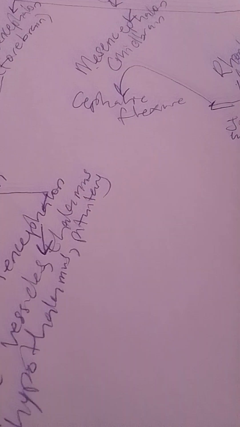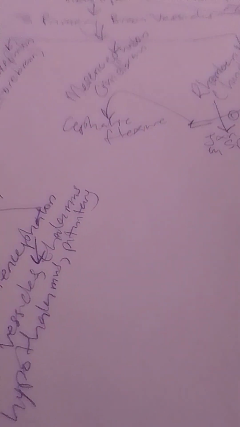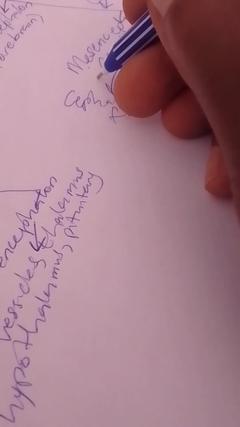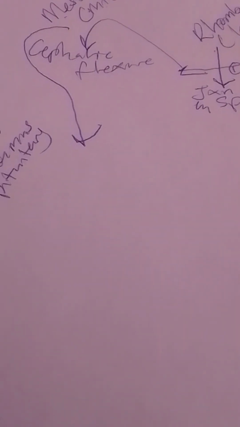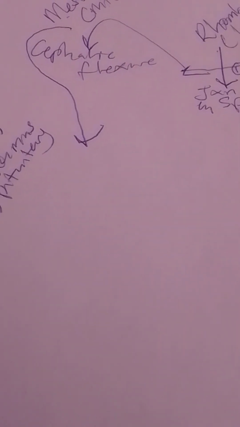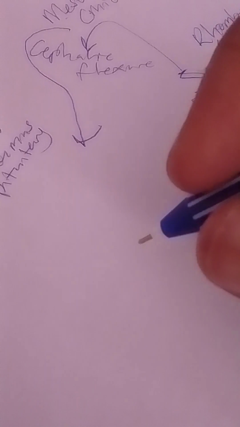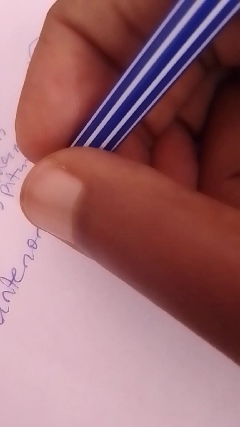So now our mesencephalon is going to remain the same, but this one is going to give us, I'm running short on space, guys. Okay, so the mesencephalon is going to give us our anterior visual fields.